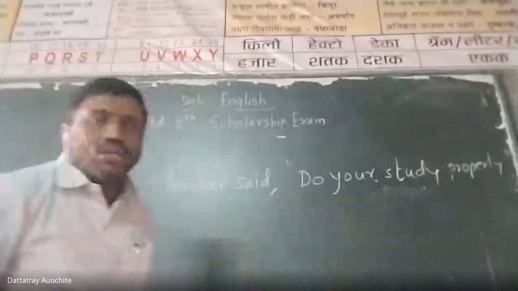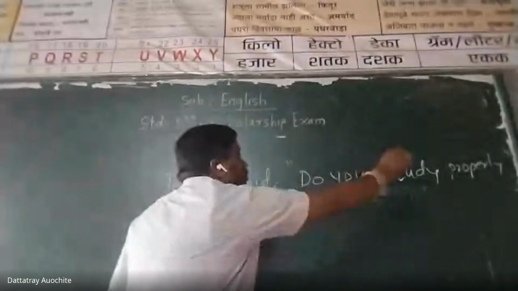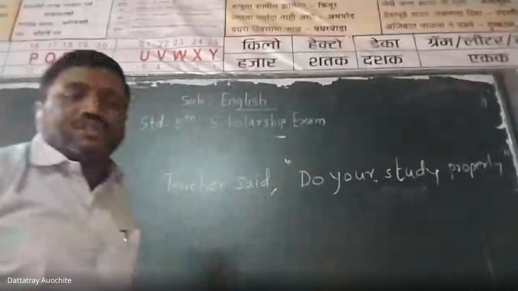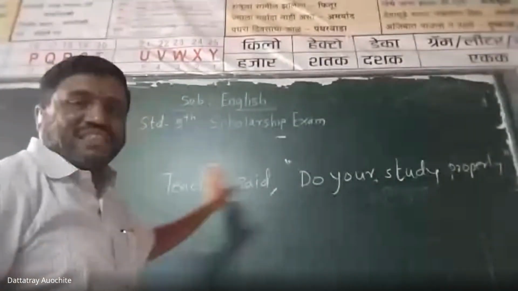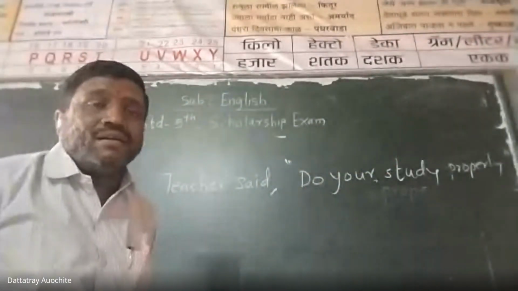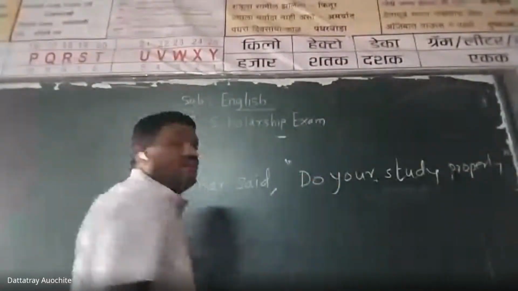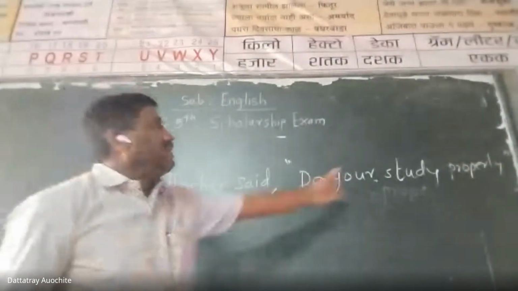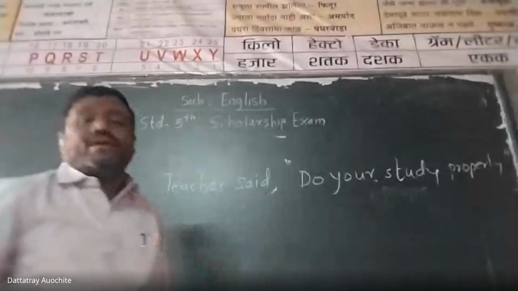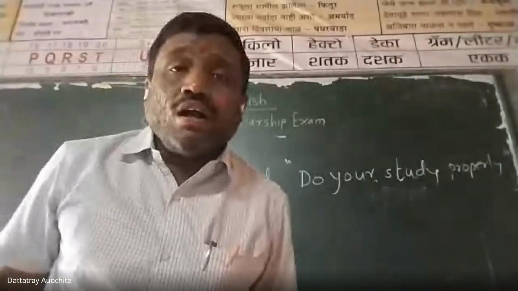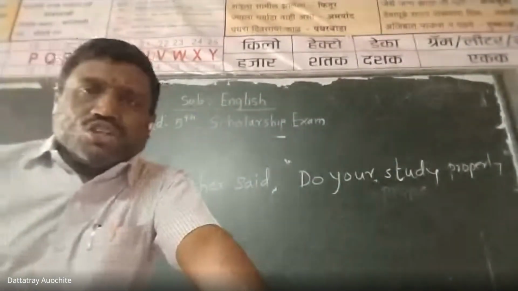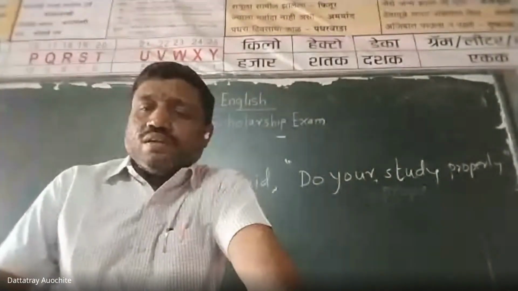Whatever he said directly, "Do your study properly," this is direct speech. Whatever the teacher said is in inverted commas, and before starting this speech, we should add a comma here. You understand? I think you understand.